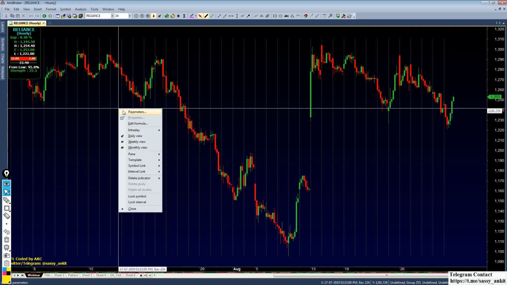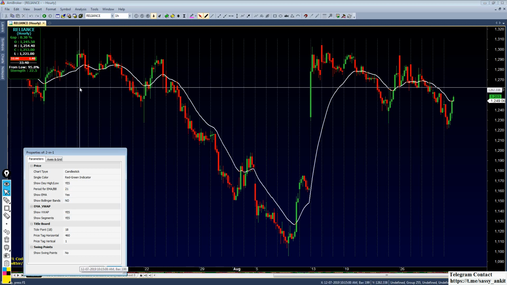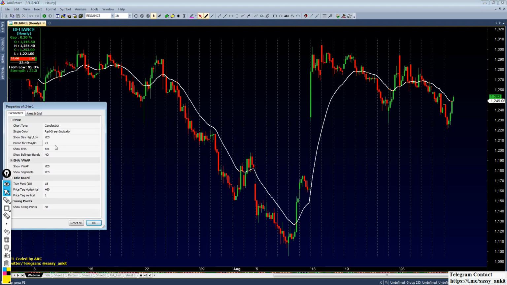So let me draw an EMA like this. I have an EMA drawn here. Now the question comes, what should be the period of EMA? Every stock has its own personality, its own attitude, so you cannot fix on one EMA.